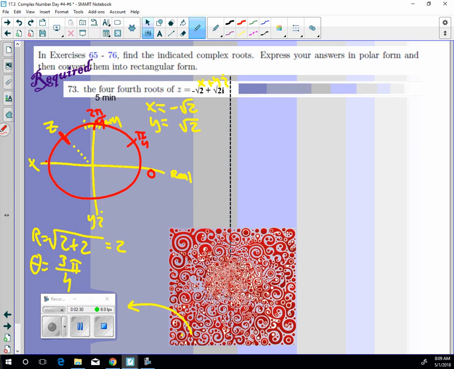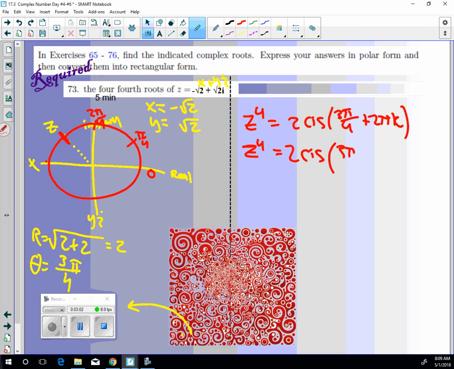Let's do it. So now what we have is z to the 4th, because we're going to find the 4 roots, is going to be r, which was 2, cis 3 pi over 4 plus 2 pi k, because we're going to have multiple values. I gave you a hint yesterday. I strongly recommended that you replace this thing with a denominator, get the same denominator.